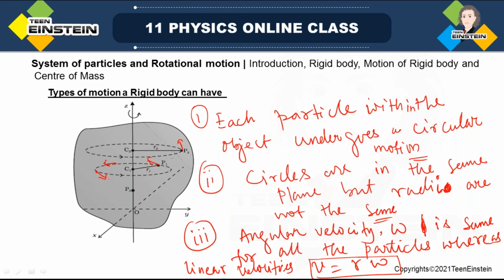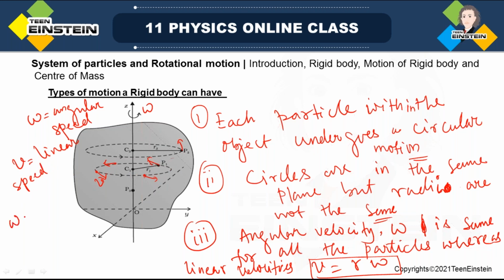And this is always constant for a particular orbit. This is not velocity, this is called speed, linear speed. Angular speed is omega, and that is the same for all of them. And v, the linear speed, varies with their distance from the axis of rotation.